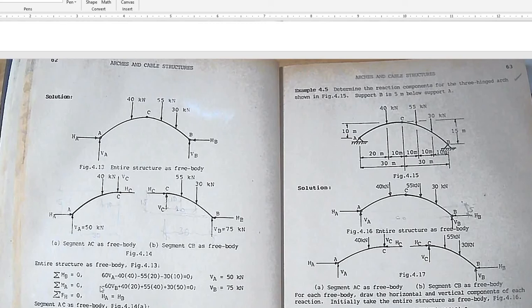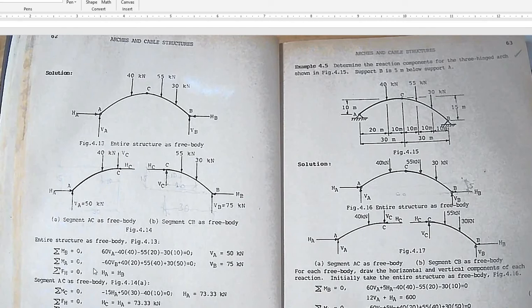You can even not take moments anymore at A. You simply do summation forces vertical to solve for the vertical reaction at B. And then summation forces horizontal is equal to 0. Notice that there are no horizontal applied forces, but it is a pin support on both ends, so horizontal reaction at A equals horizontal reaction at B.